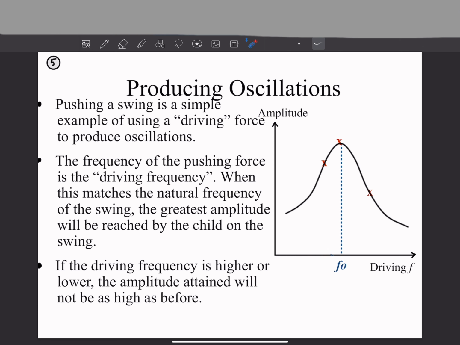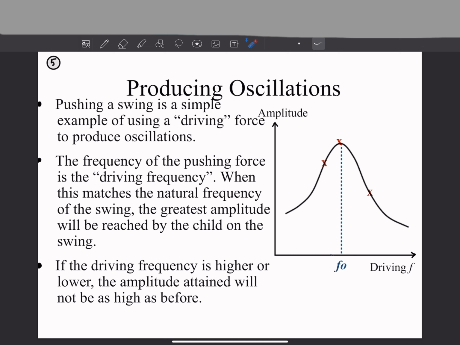When fd is less than the natural frequency, or greater than the natural frequency, your amplitude will not be maximum. But when fd is equal to the natural frequency, at that moment only you will get the maximum amplitude. So this is what we have.